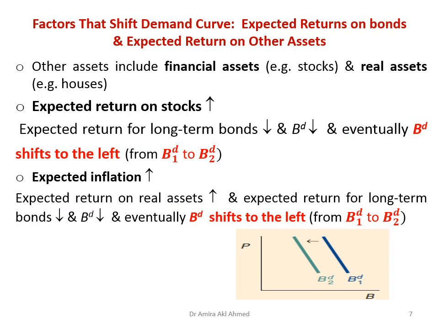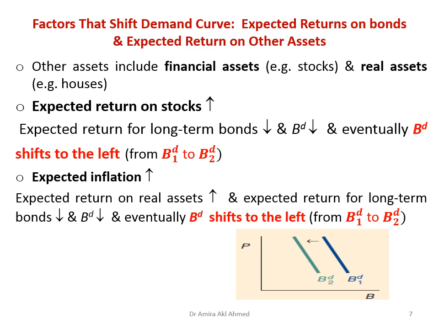Variations in expected returns on other assets can also shift the demand curve for bonds. Other assets include financial assets such as stocks and real assets such as houses and cars. Regarding financial assets, suppose that people suddenly become more optimistic regarding the performance of the stock market and expect stock prices to be higher in the future.